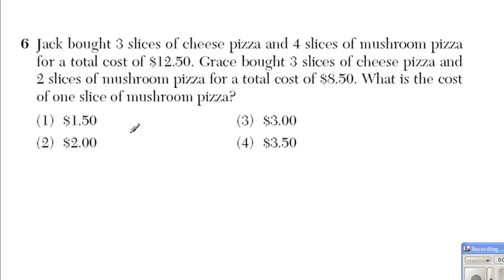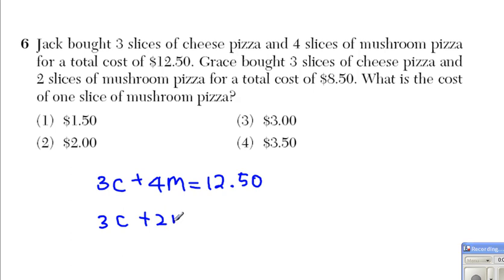Right, next question. When you look into this one, it says Jack bought 3 slices of cheese pizza. So we're going to write down 3C plus 4 mushroom, so we're just going to write down M, and that in total was $12.50. In the case of Grace, she bought 3C plus 2 slices of mushroom pizza, which ended up being $8.50.